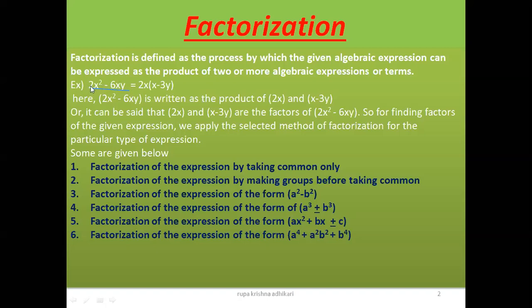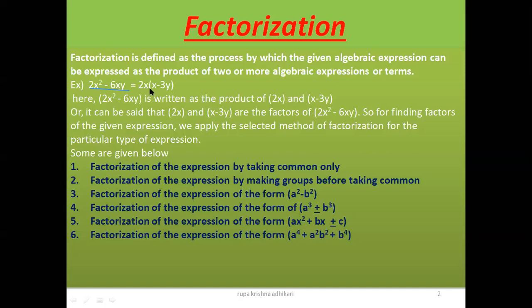You can see here 2 and 6 are the constant numbers, and out of these two constant numbers, I can take 2 common outside. So let us take 2 common. x also can be taken common. So now 2x is the common term.